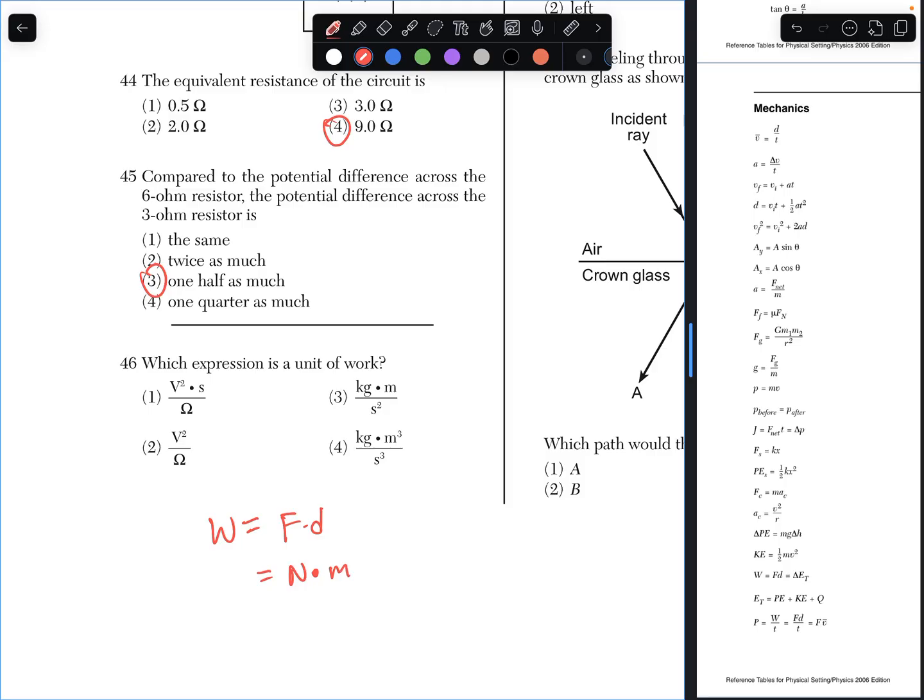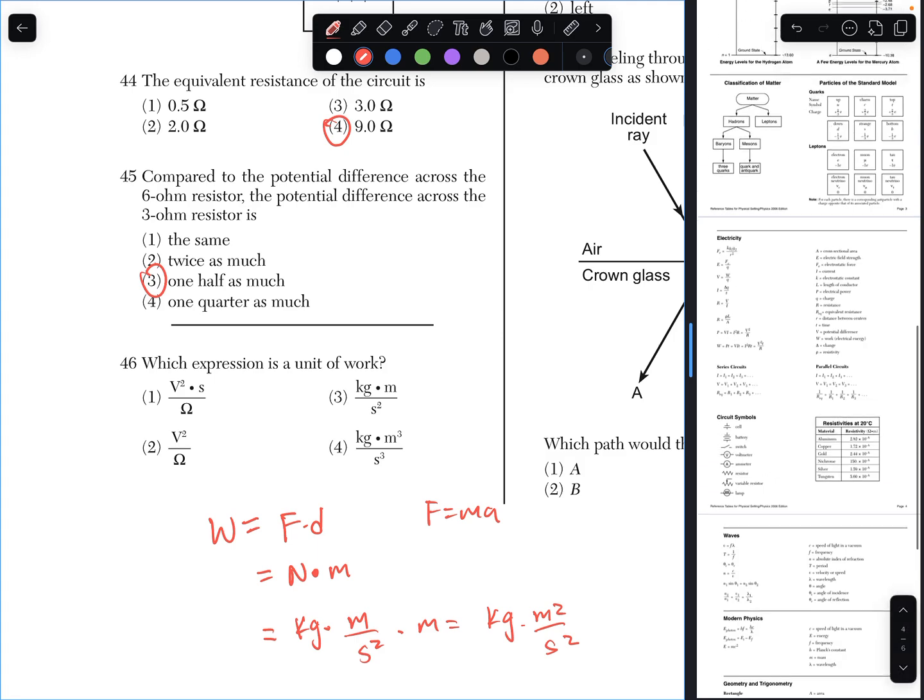No. So newtons of force, F is equal to MA, so that's mass in kg times meters per second squared times meter, which is kg times meter squared over second squared. And that's not one of the answer choices.